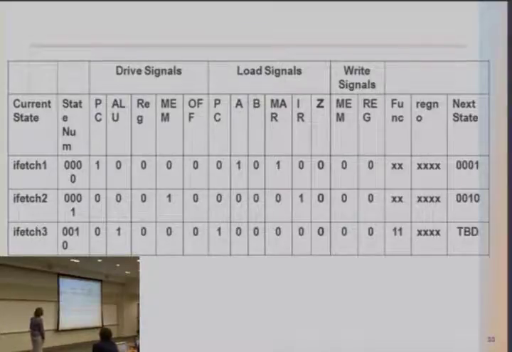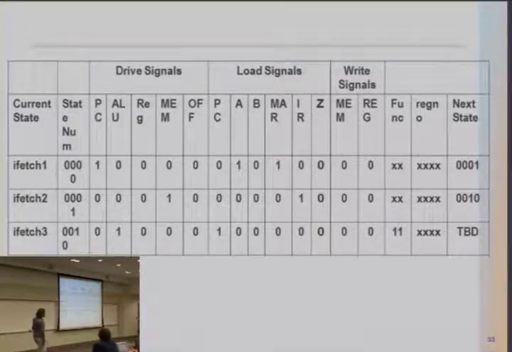If you're in the I fetch 2 state, then our drive memory will write on the bus, and the instruction register will read it, and we will move to the next one. And I fetch 3 will again have ALU write on the bus, PC will read it, and we will have the function now be 1, 1 because we use the addition A plus 1.